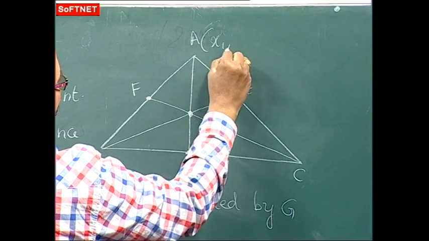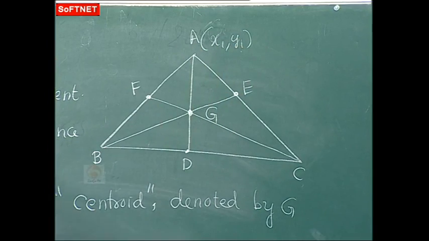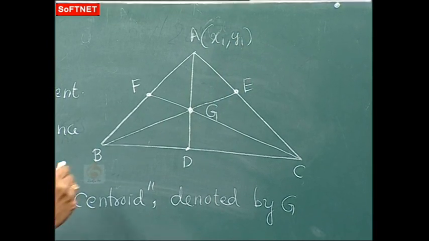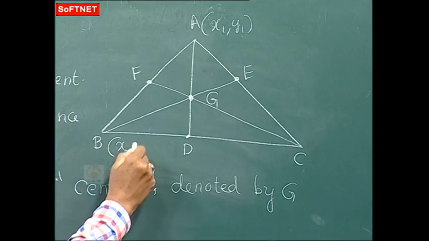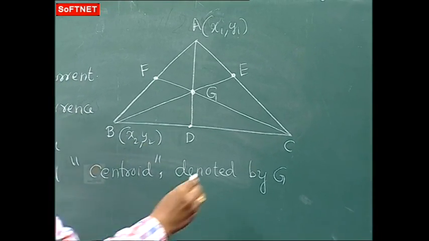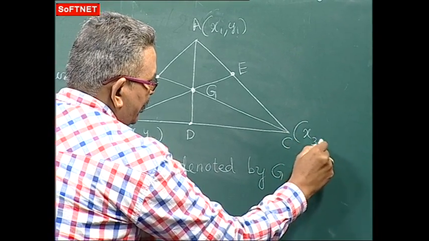B coordinates are x2, y2, and C coordinates are x3 comma y3.